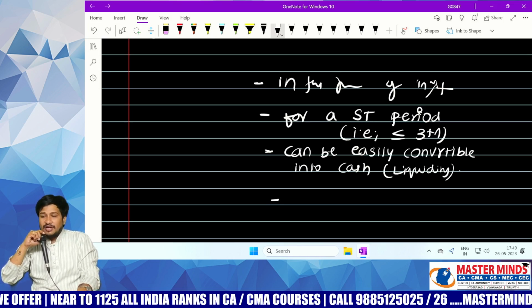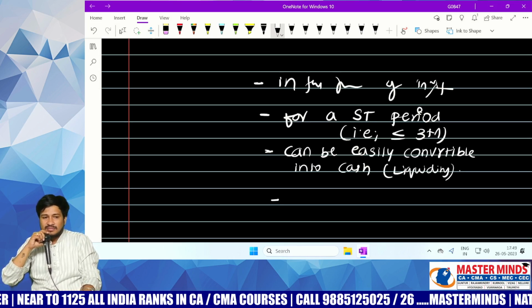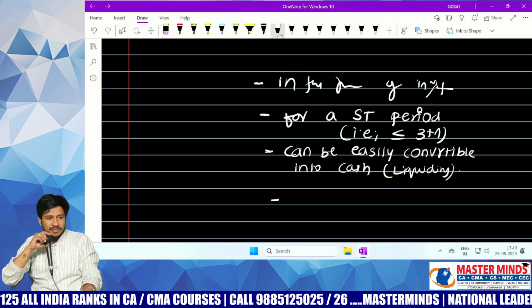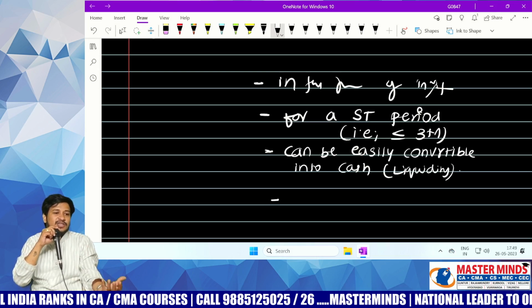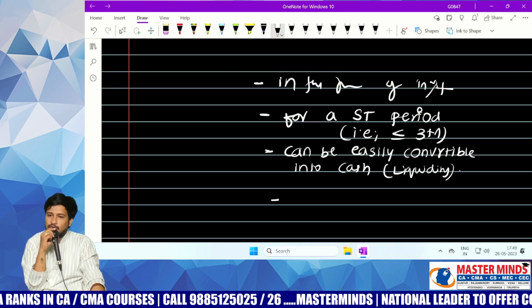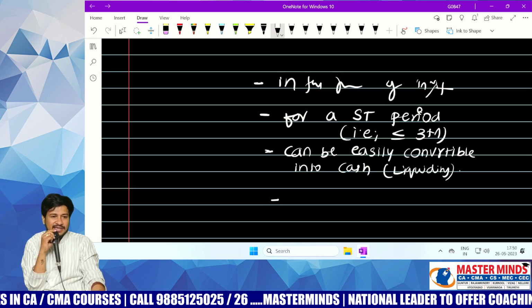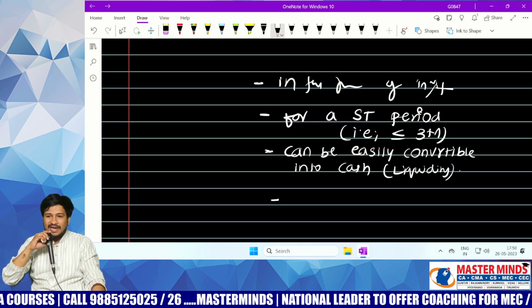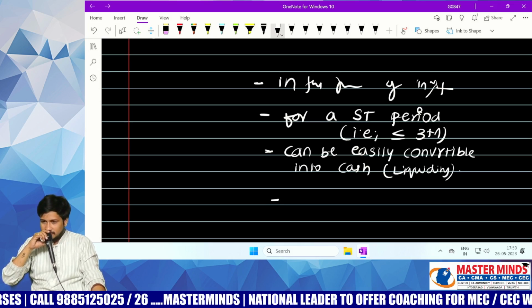What do you mean by or having high risk? I mean to tell whether it is a cash equivalent or not. Actively traded market securities are not at all cash equivalents. That is my intention. Or having high risk.